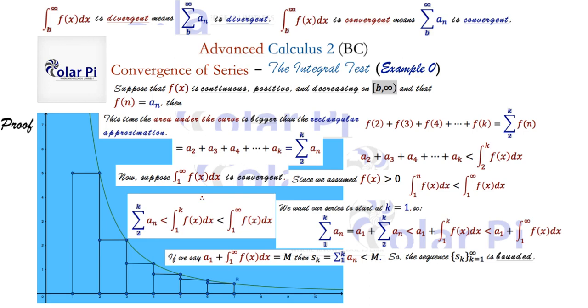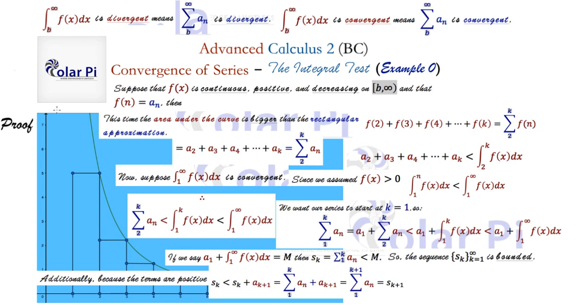Additionally, we're going to show that the sequence of partial sums is increasing, and this is how we're going to do that. If we look at s sub k, the kth partial sum of our series, then it's got to be strictly less than s sub k plus a sub k plus 1. So if we add the next term to s sub k, then s sub k has got to be smaller than it.